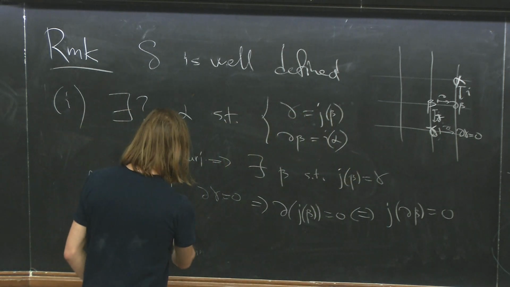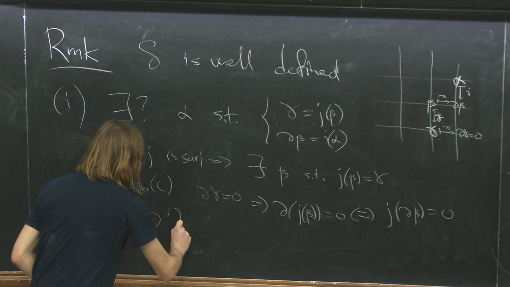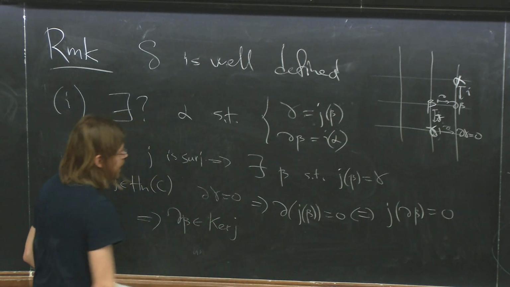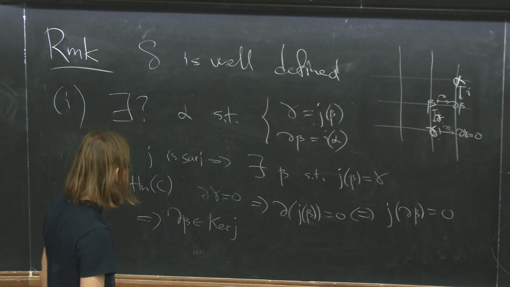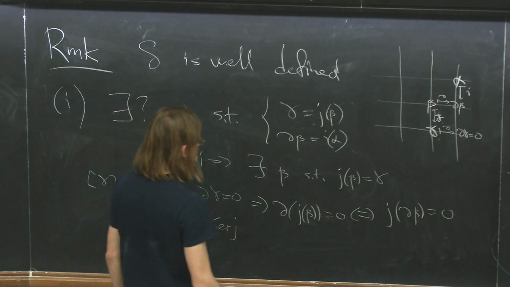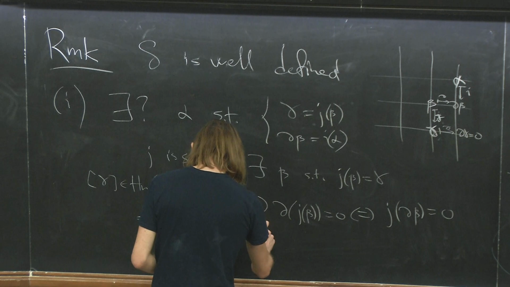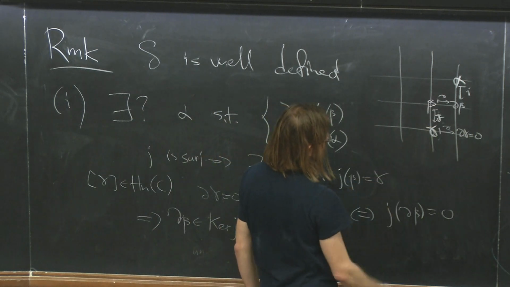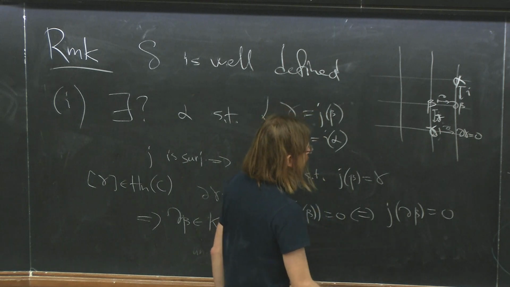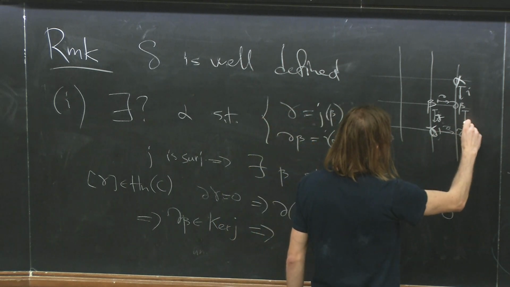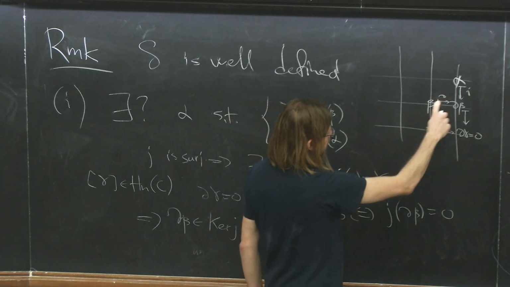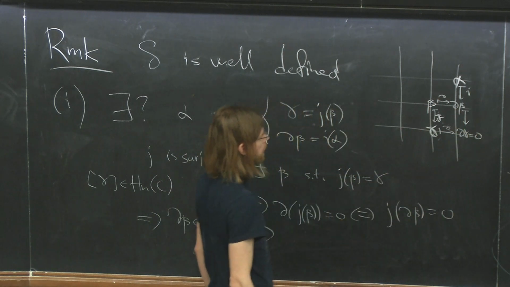But then this means that D beta is in the kernel of J. This essentially follows from the commutativity of this square.